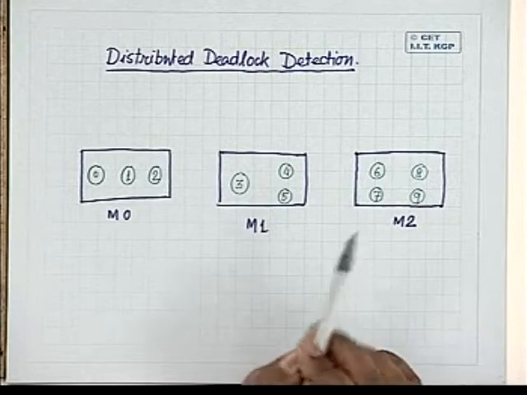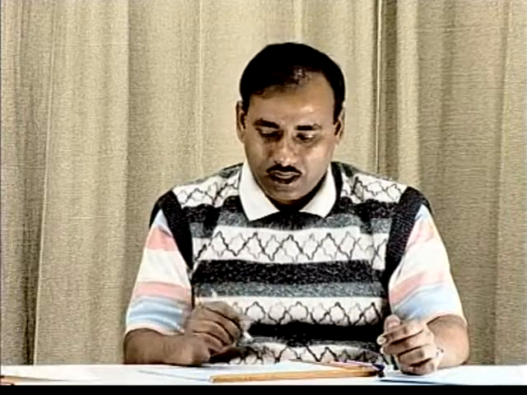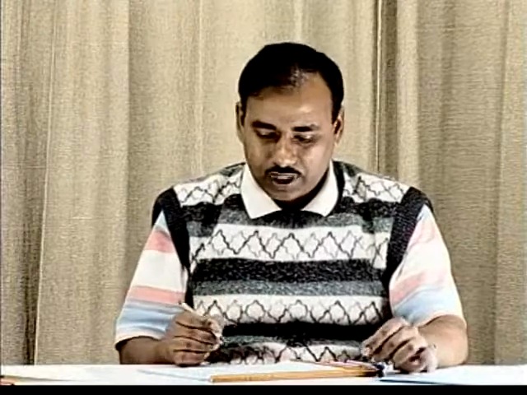So I can simply eliminate the resource node Rj from the graph and make a directed edge from Pi to Pj. The type of graph we get is called a wait-for graph.